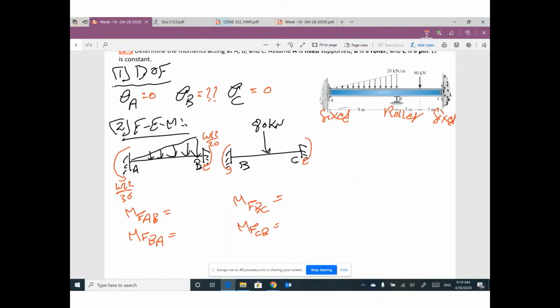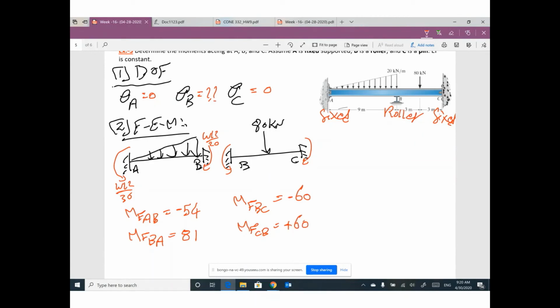This value will be negative 54. 20 time. This one will be a positive 81. This one will be negative 60. This one will be positive 60.